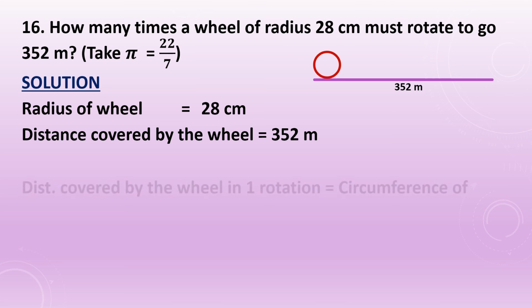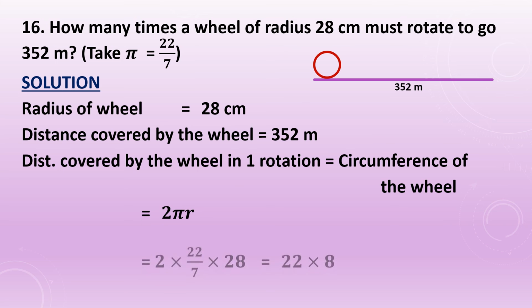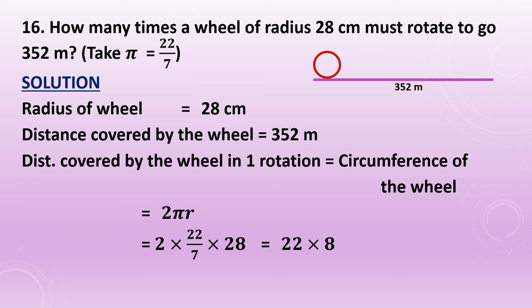That is the question. So distance covered by the wheel in one rotation means the circumference of the wheel, which gives 2 pi r. Substituting the value, 2 into 22 upon 7 into 28. 7 and 28 can be cancelled. The numerator becomes 4. So 2 into 22 into 4, which gives 22 into 8 equal to 176 centimeter.